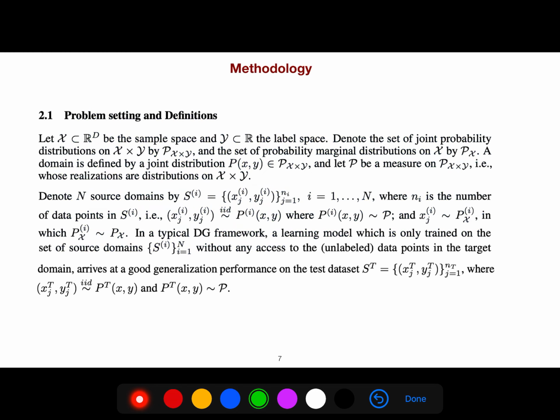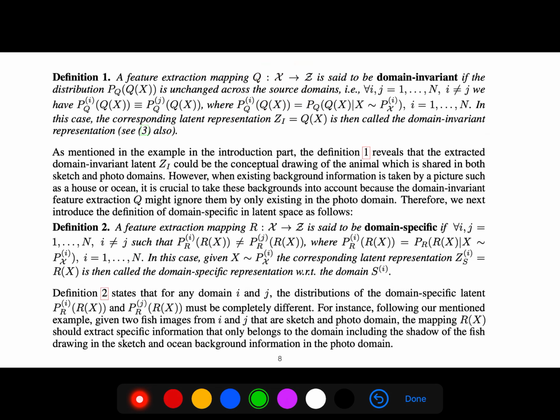So in a typical domain generalization, a learning model is only trained on the set of source domains, without access to the unlabeled data. A feature extractor mapping Q is said to be domain invariant if the distribution P of Q is unchanged across source domains.